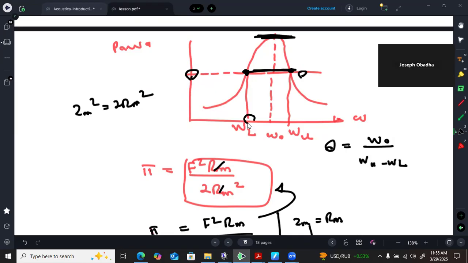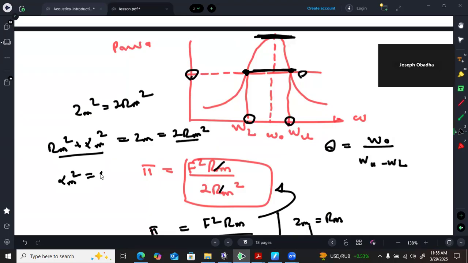So we are able to get these frequencies because if now we say Rm squared plus Xm squared, which is equal to Zm squared, is now equal to 2Rm squared, then you can see that Xm squared is equal to Rm squared, or X is equal to plus or minus Rm.